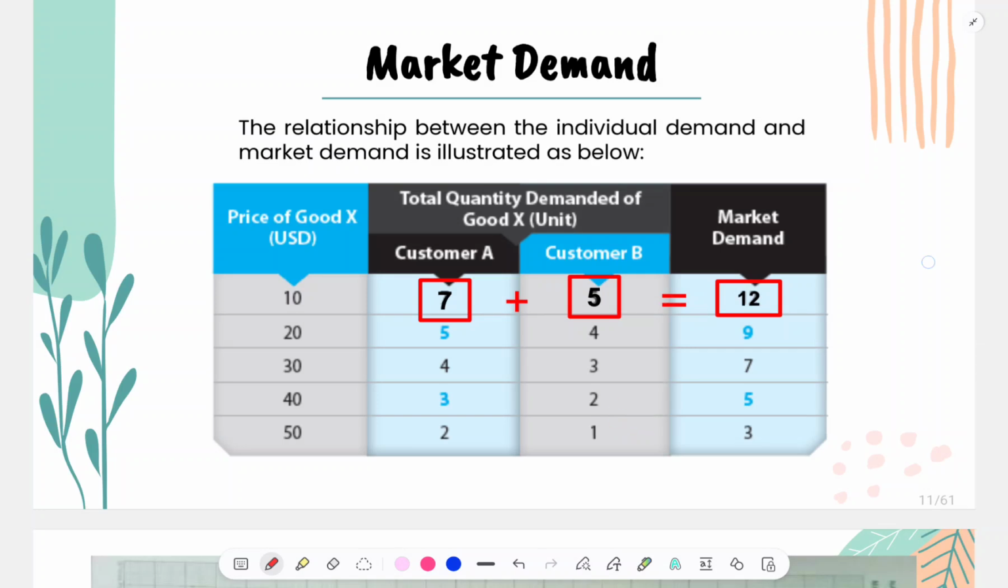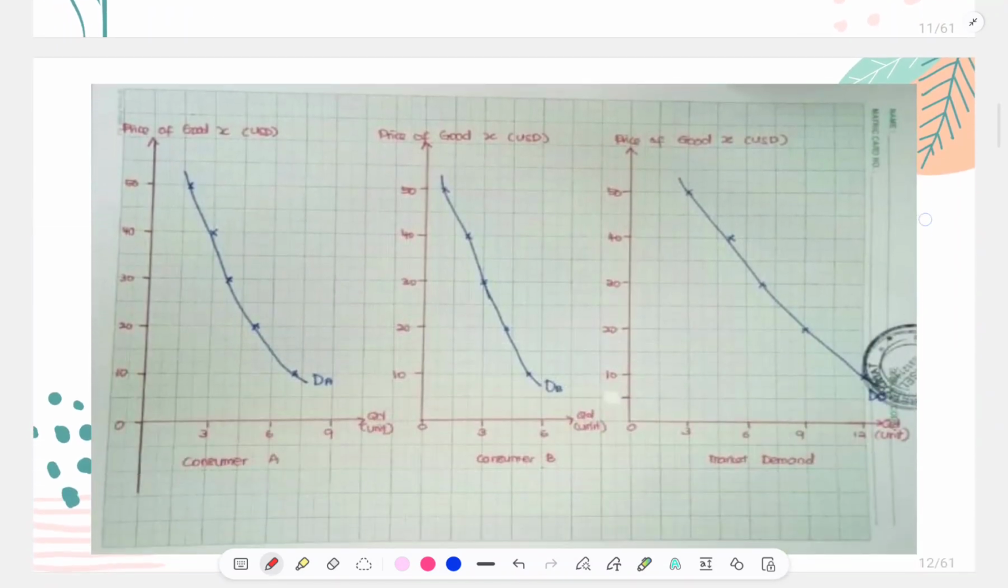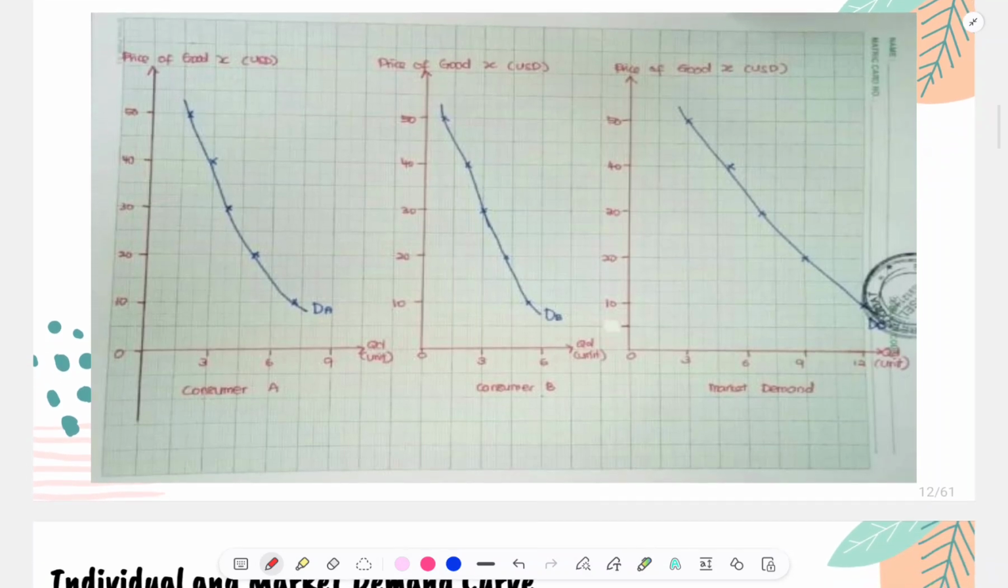You need to remember, all three curves for customer A, customer B, and market demand must use the same horizontal scale. So all curves must be aligned horizontally on the same graph from the left to the right. Here is how I choose the scale.